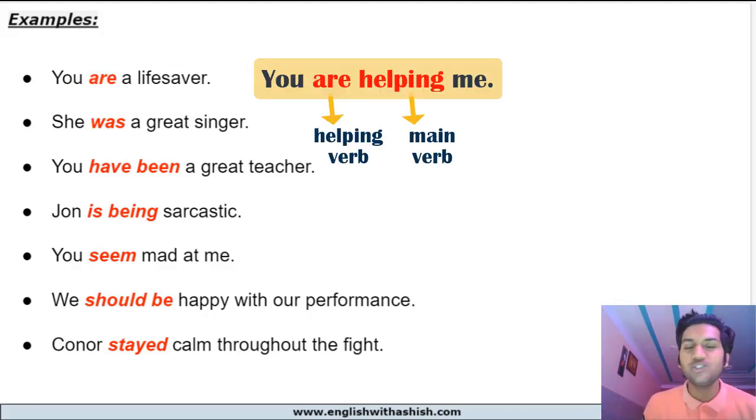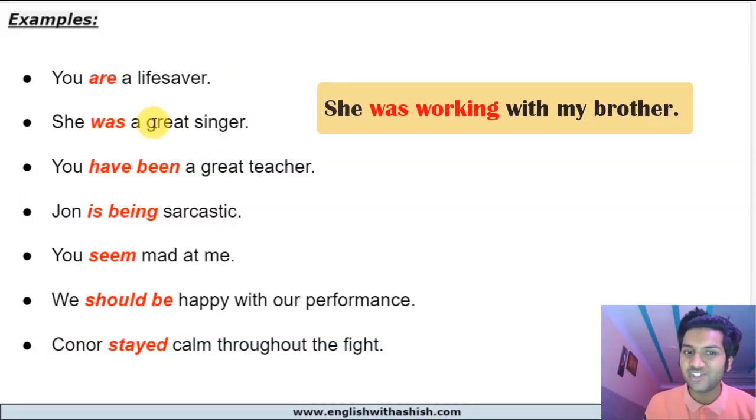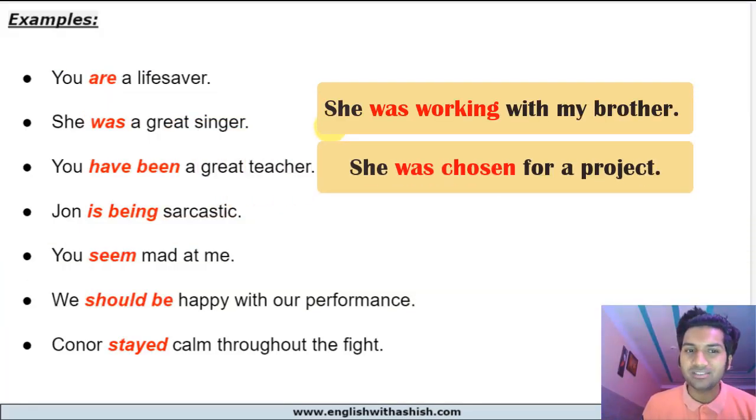For example, if I say you are helping me, now are is not a linking verb, it's a helping verb. If I say she was working with my brother, she was chosen for a project, it's not a linking verb, right? If it's working alone, right? If it's not followed by an action verb, in that case, it's a linking verb, all right?